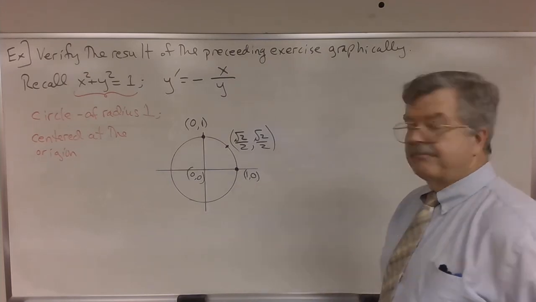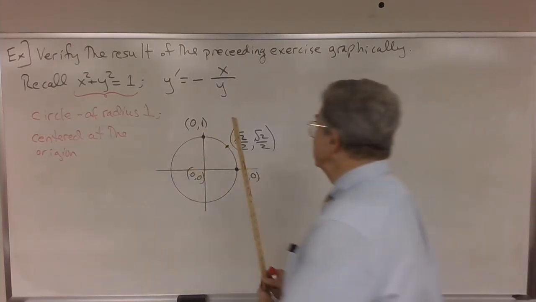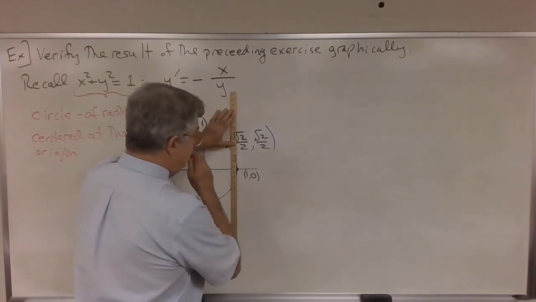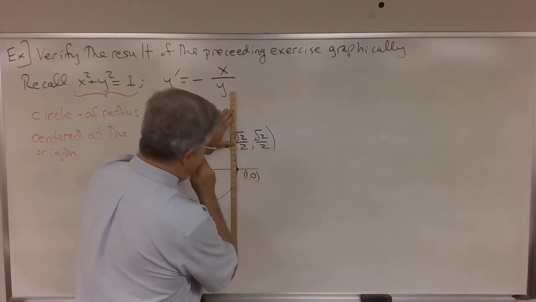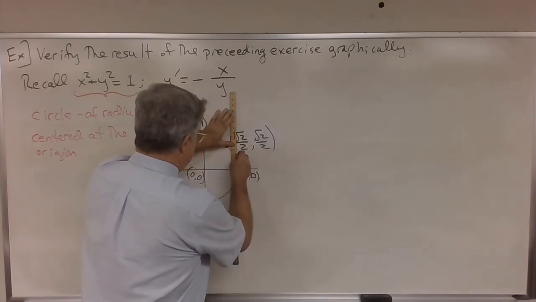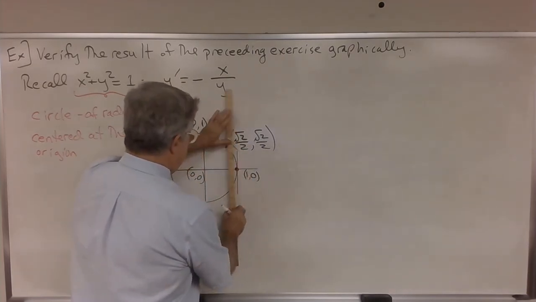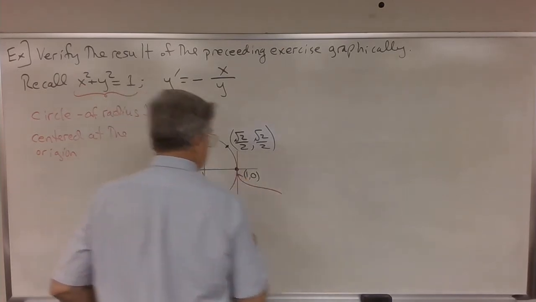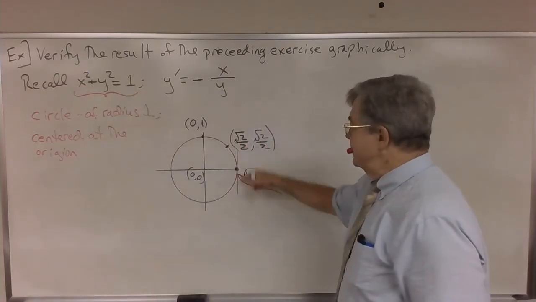So, let's draw the tangent right here at this point, x equal 1, y equals 0. There's the tangent.